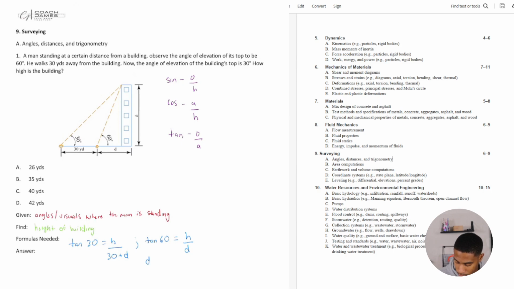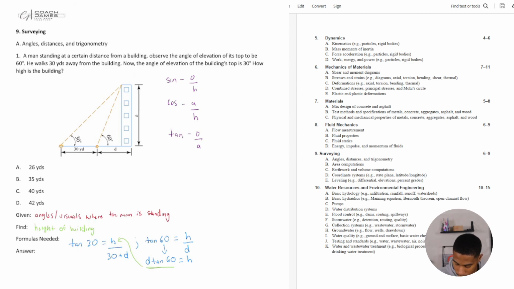So d tan 60 is equal to h. I'll plug this formula in for h here, and I should be able to get d.